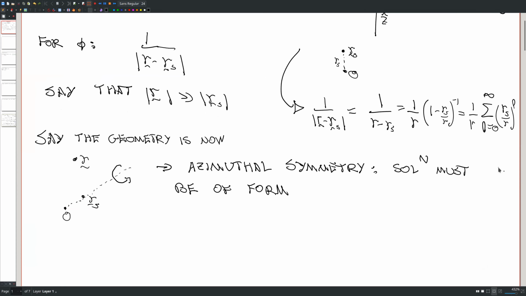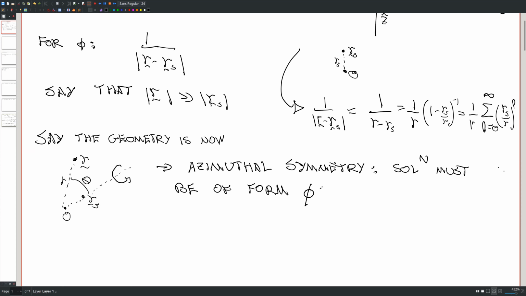So what do I have? It must be of the form phi of now the distance that I have between these. So here I would have a certain distance and a certain polar angle, so that would be my theta, and that would be my r.